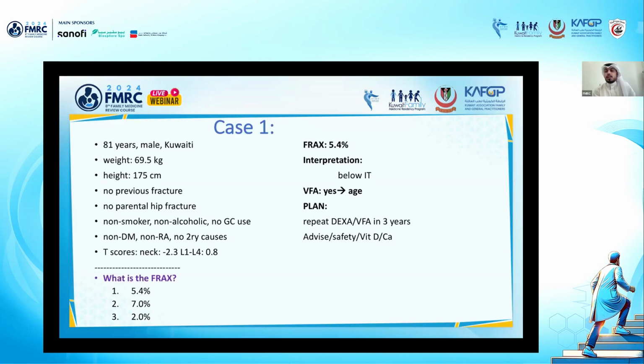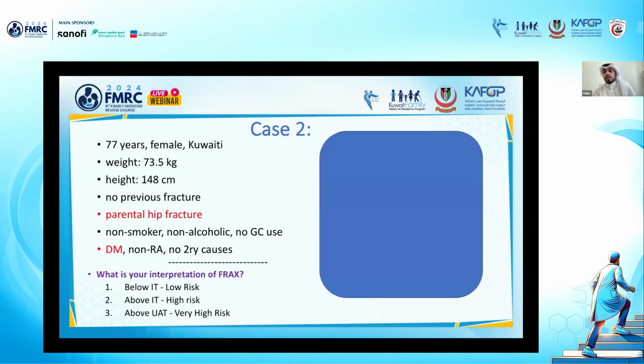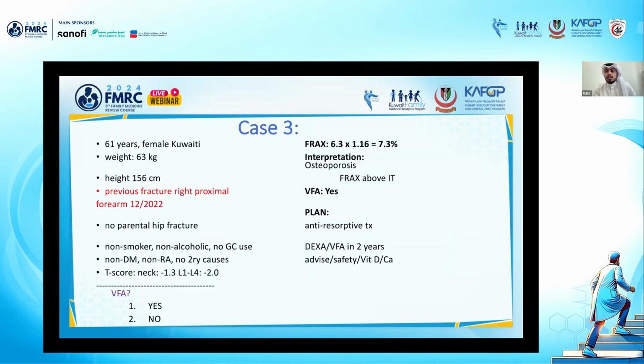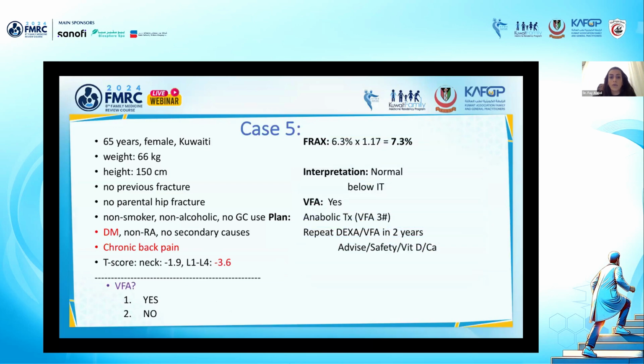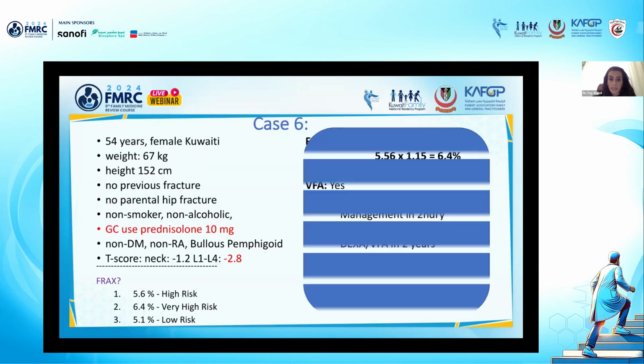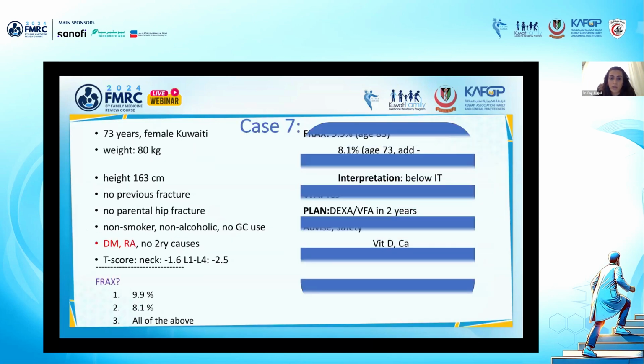Okay, clear. What about case 7? Why do we add 10 years to the age? Can you please explain to the participants? Yes. As we said, there are 3 ways to correct for diabetes type 2 in the FRAX.